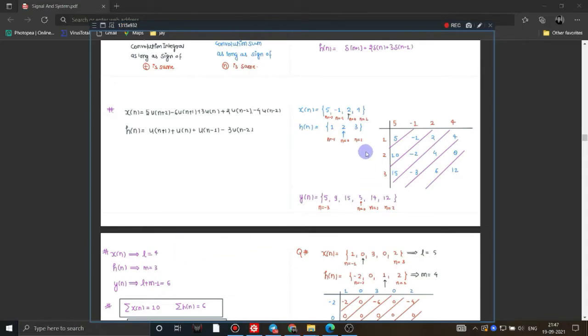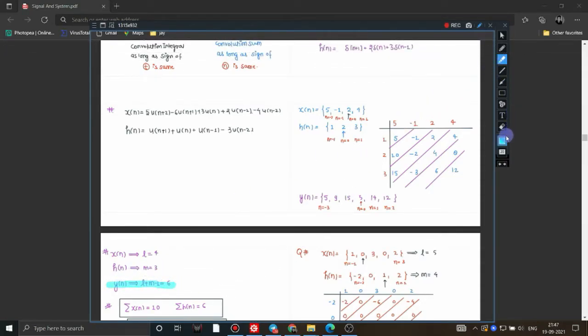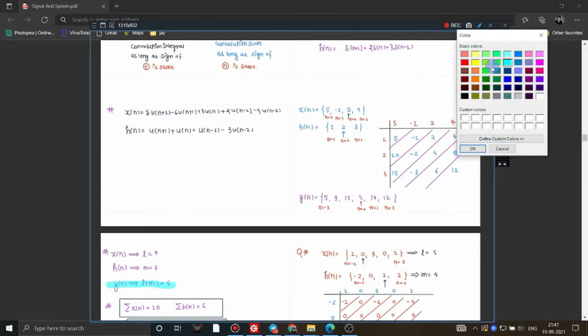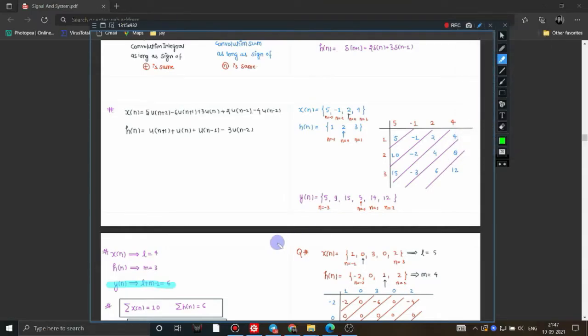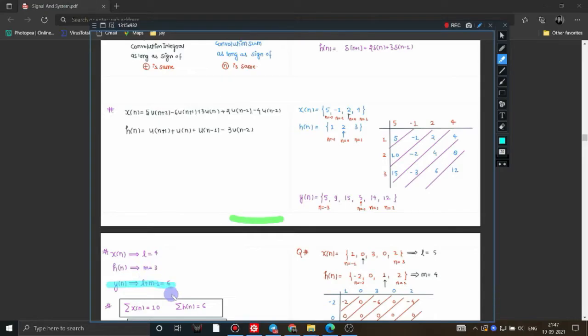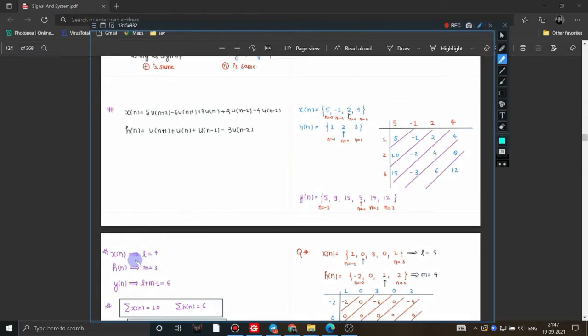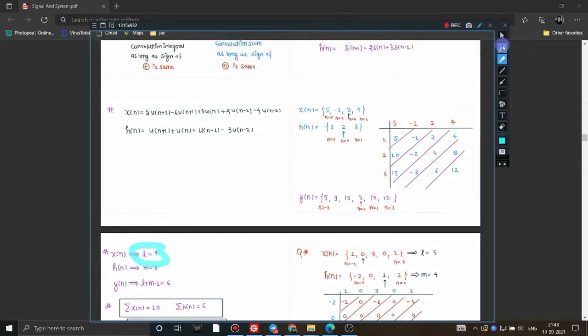We also see the length. Remember this formula. Length of xn is 4, for 1, 2, 3, 4.